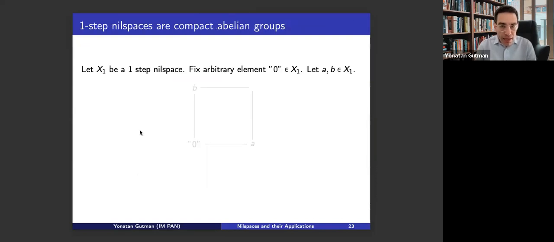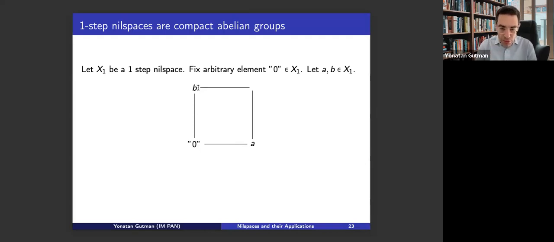So let's try to understand what one-step Nilspaces are. In a one-step Nilspace, we fix some arbitrary element in X and we call it 0. And we take A and B. Now, I claim that this configuration is a corner. Why? Because by ergodicity, 0B and 0A are both cubes.